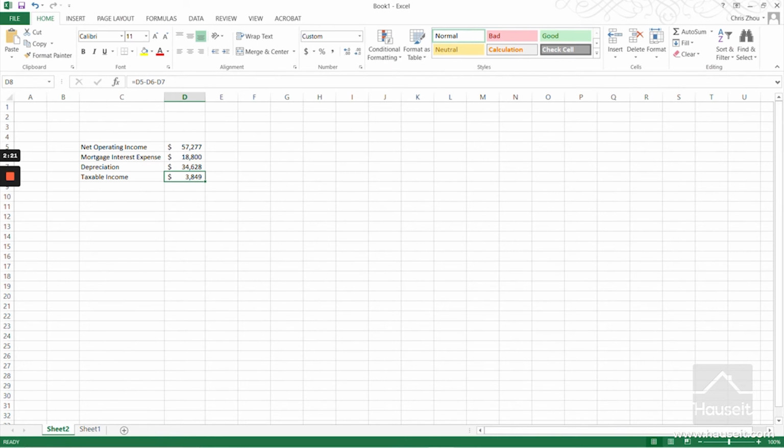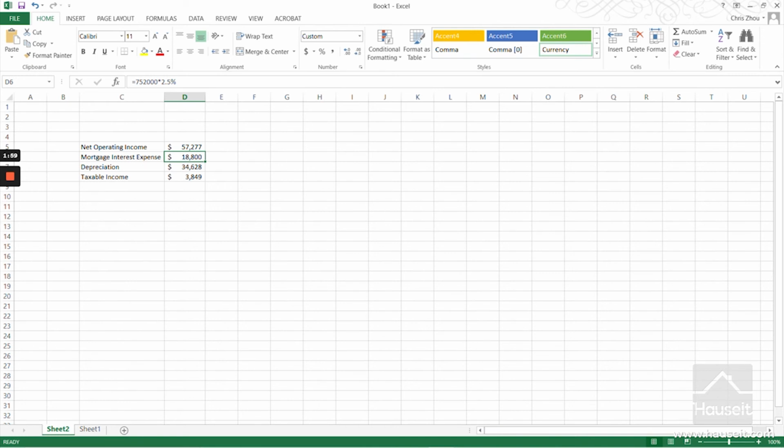So let's use just a basic Excel spreadsheet to figure out the taxable income. So net operating income, as we've discovered after expenses, $57,277. Mortgage interest expense, $18,800. This is simply done by multiplying the mortgage loan amount by the interest rate, so 2.5%. This does not account for principal paid down.